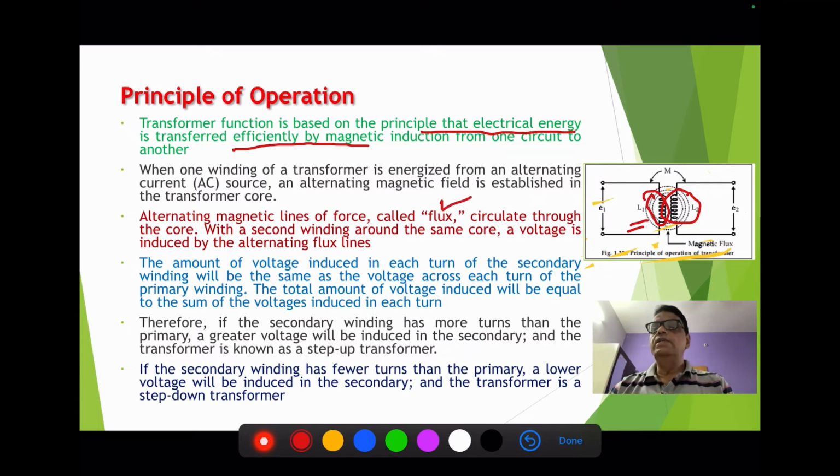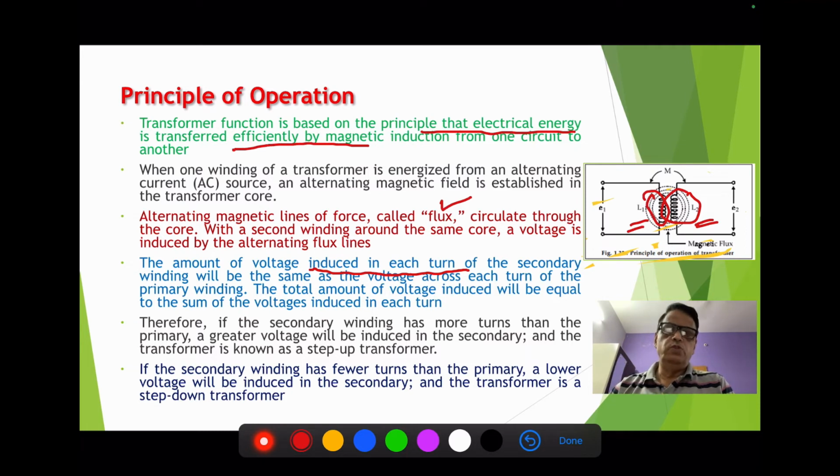And when another coil is kept in close proximity to the first coil, then a voltage will get induced in the other coil, the secondary coil. The voltage induced in the secondary is the same as the voltage across each turn of the primary winding. So if we increase the number of turns of the coil, the voltage induced in the secondary will be more.